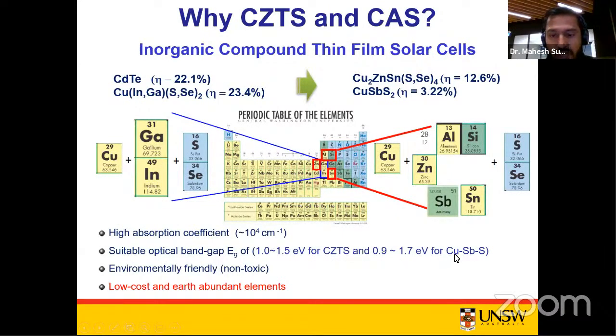Whereas the copper antimony sulfide band gap energy can be tuned from 0.9 to 1.7 eV by tuning the composition. Both of these compounds are environmentally friendly. That is, both contain non-toxic, low cost and earth abundant elements.